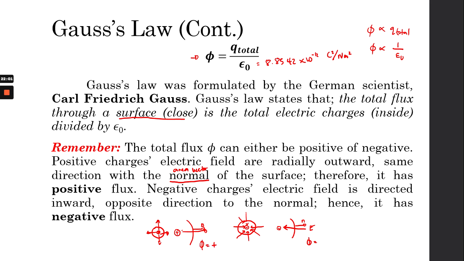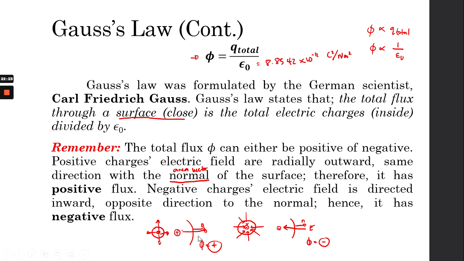Therefore, the electric flux is negative. So this is something that I want you guys to remember. The total flux can either be positive or negative depending on the direction of the normal and the direction of the electric field.